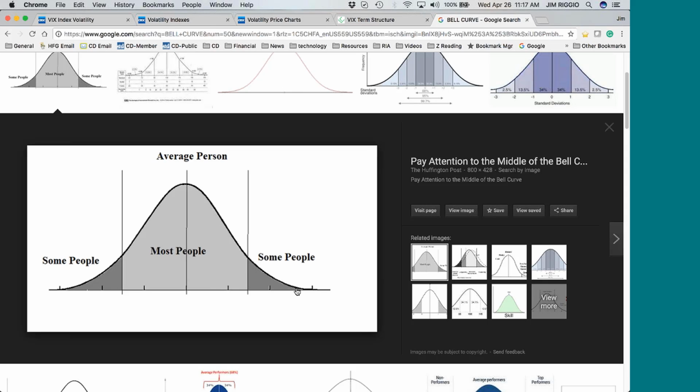You can take a look at how many rainy days you have in a particular region. You can take a look at just about anything, or many, many things, and you'll see an average normal distribution curve. Yes, sometimes there are different types of distributions, but this is the one that's most common by far, okay, the simple bell curve.